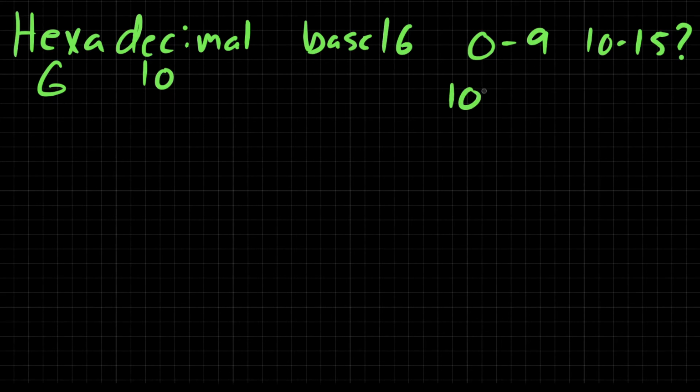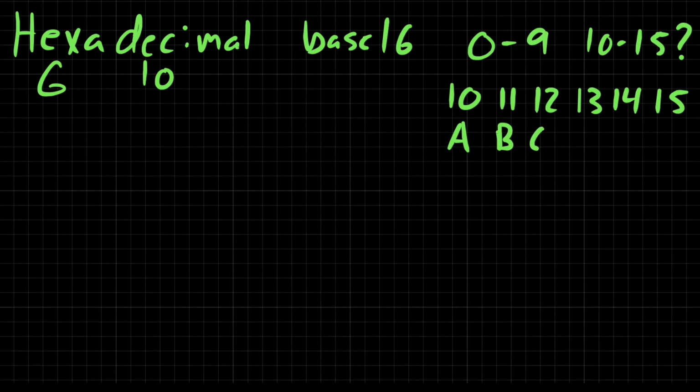Well, if we write them out, 10, 11, 12, 13, 14, and 15. We need a single symbol to represent all of these values, and let's use something that we already have. Let's use letters. So A, B, C, D, E, and F will take up those spots for us, and now we have 16 total symbols that we can use to represent values 0 through 15.